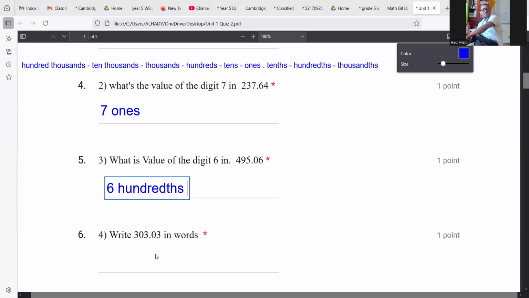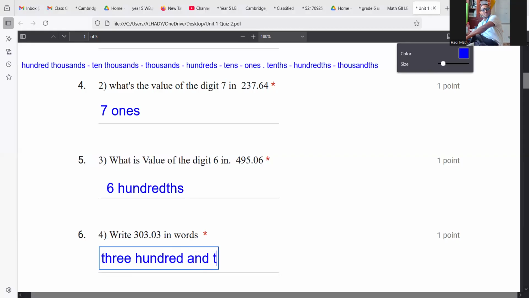They ask you to write this number in words. When they ask us to write this number in words, you read the number: it is 303, point 03. Some people say 0.3, which is wrong.